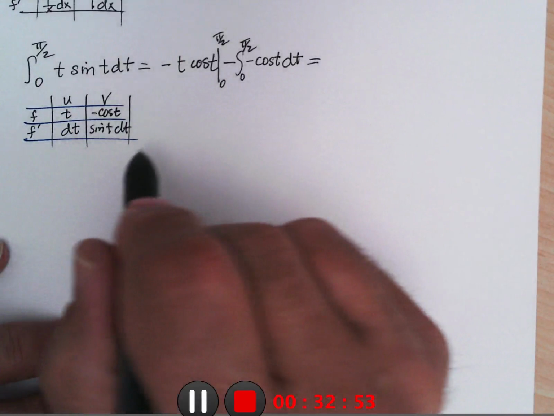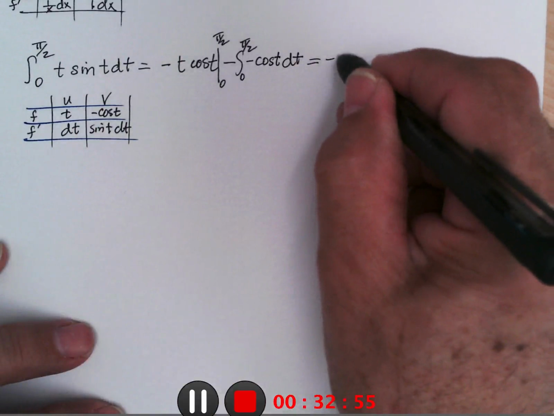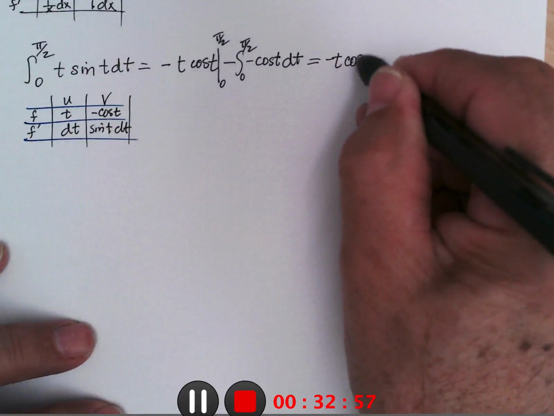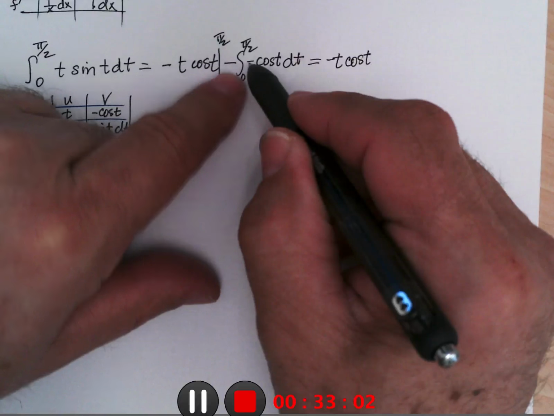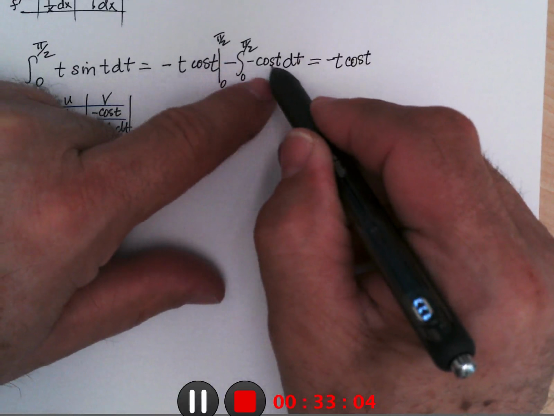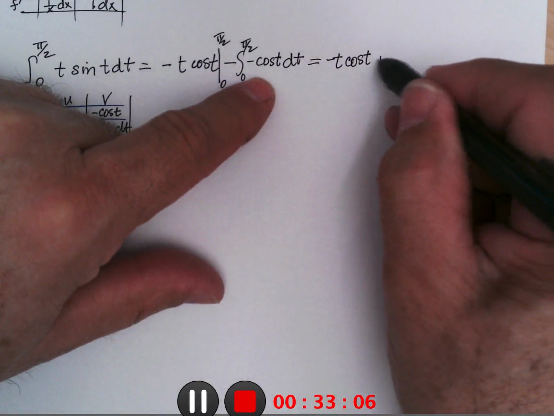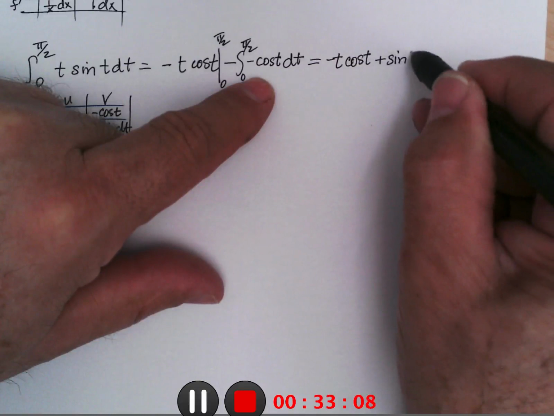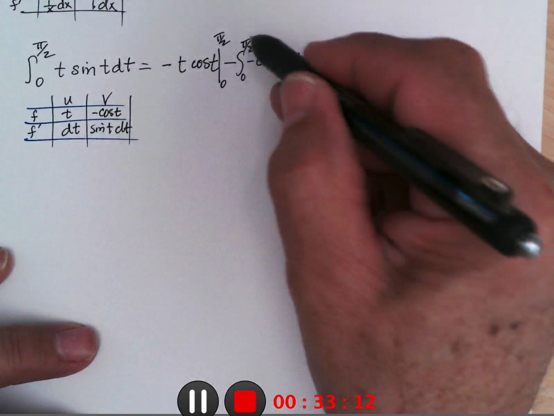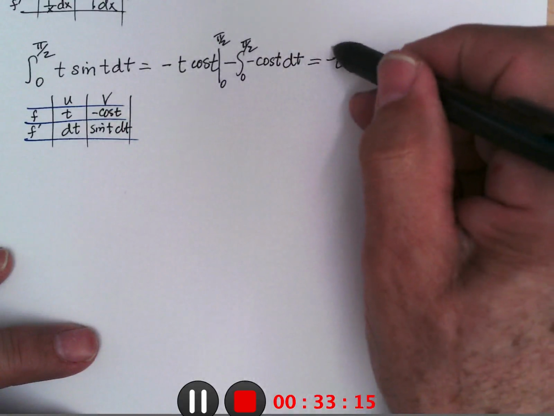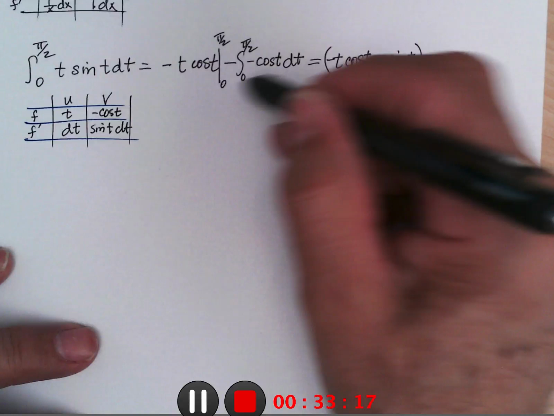So I'm going to write minus t cosine t. And we have a minus, which is plus, and the antiderivative of cosine is sine, so I get plus sine t. I normally would put plus c, but since I'm doing a definite integral, I don't need to. So I've got to do all of this part and this part from 0 to pi over 2.